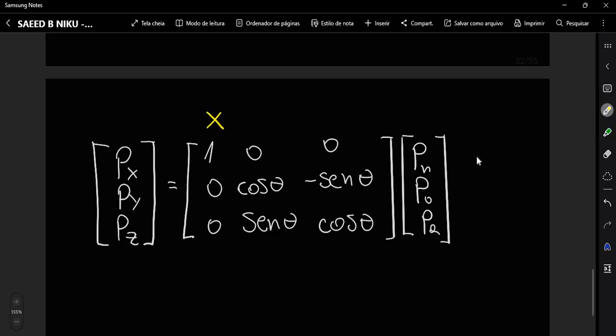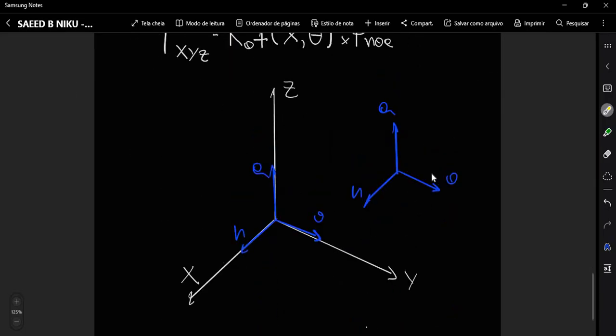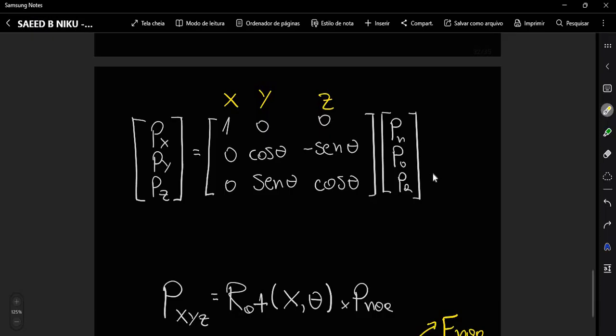So on this column, we have the axis x, the axis y, and the axis z. And this ref system F and OA is formed by these unit vectors, and the length of these unit vectors is 1.